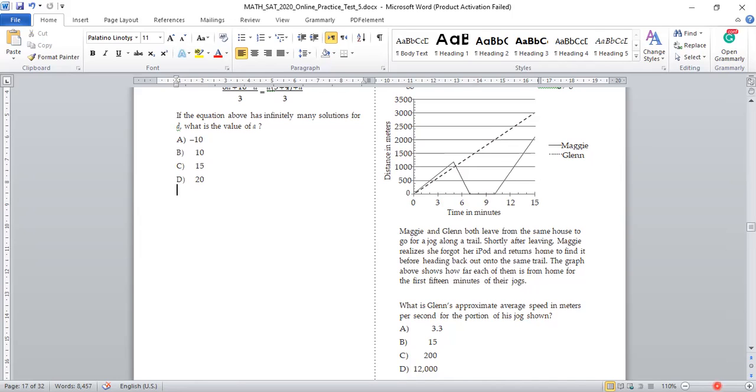So that is a total of 15 minutes covering 3000 meters. I got A, 3.3. One thing is that you will have to convert the minutes into seconds also. Okay, if you have done this, please check your answer.